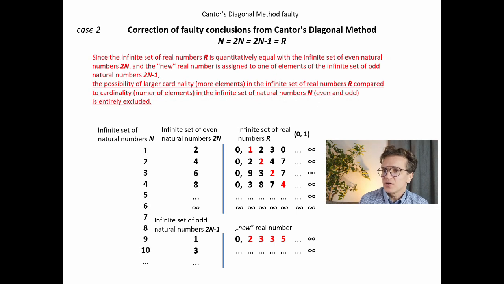Since the infinite set of real numbers is quantitatively equivalent with the infinite set of even natural numbers, and the new real number is assigned to one of the elements of the infinite set of odd natural numbers, the possibility of larger cardinality, more elements, in the infinite set of real numbers compared to the cardinality, number of elements, in the infinite set of natural numbers, even and odd, is entirely excluded.